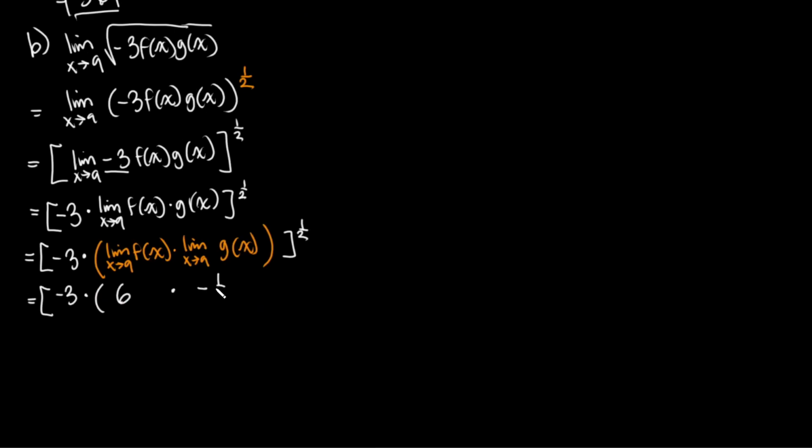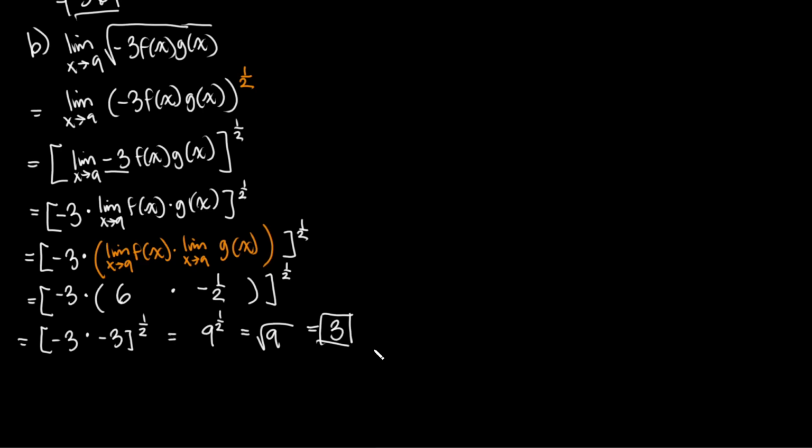So -1/2, and all to the 1/2 power. And so 6 times -1/2 is -3, and it's also multiplied by -3. How convenient. And so that will result in 9 to the 1/2. If you really want to rewrite it, that's the square root of 9, and it's easy, that's 3. And so our final answer is 3.